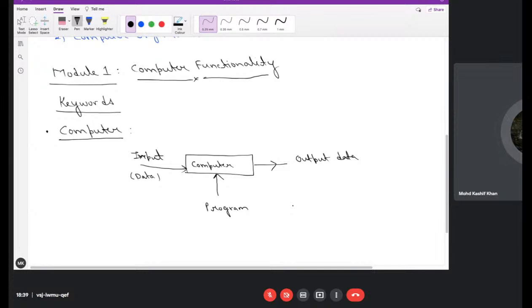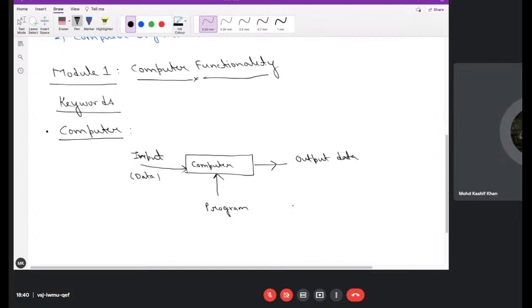In the keywords, first write the heading computer, and under computer write: it is a computational machine used to process the data under the control of a program.